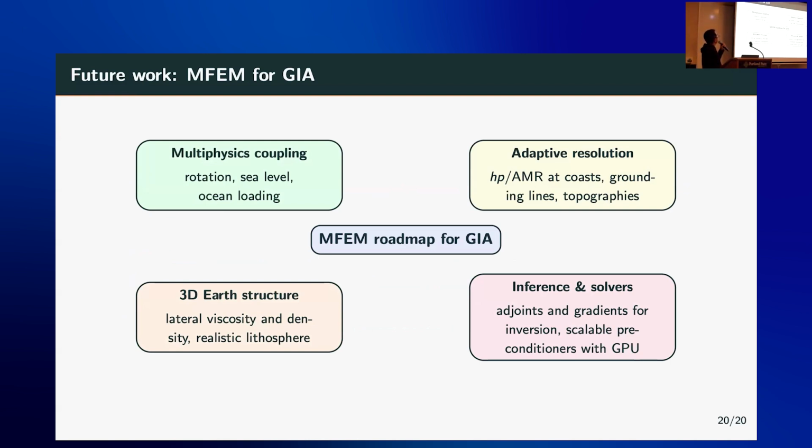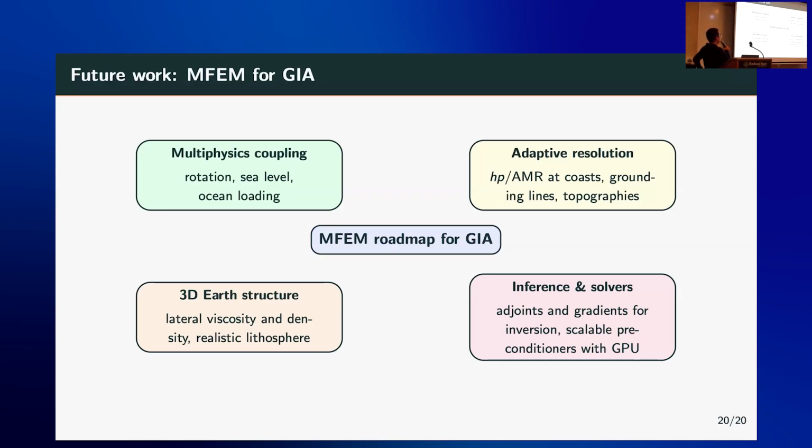A global GIA will require multi-physics modeling, like self-rotation and sea level, and we have to have some strong AMR scheme because we need to resolve the coasts and also the grounding lines. So there are some contact lines near the ocean and the glaciers.